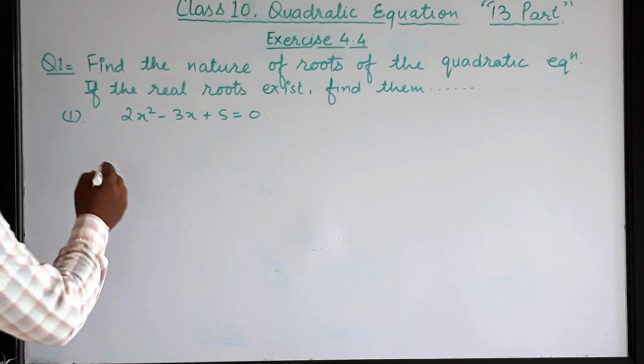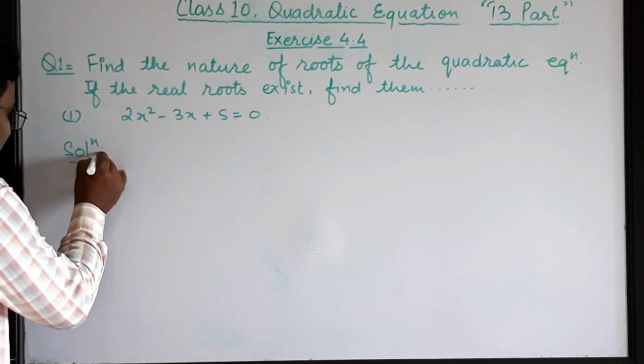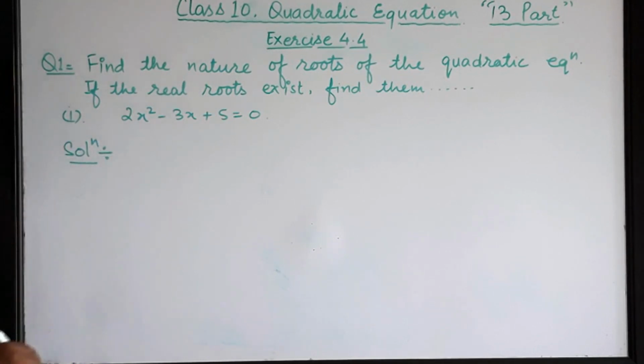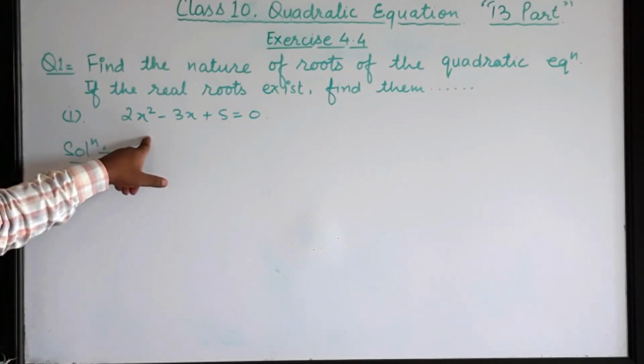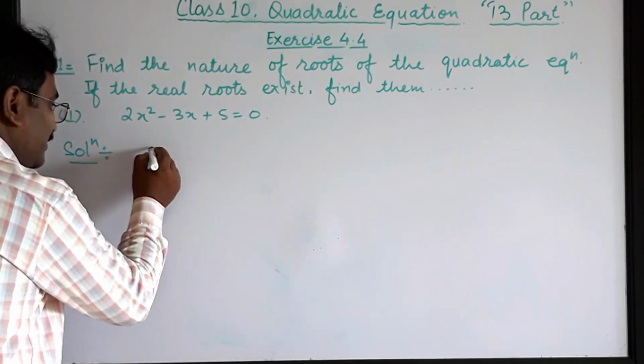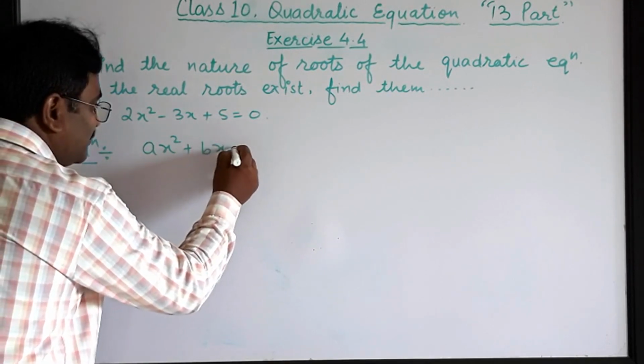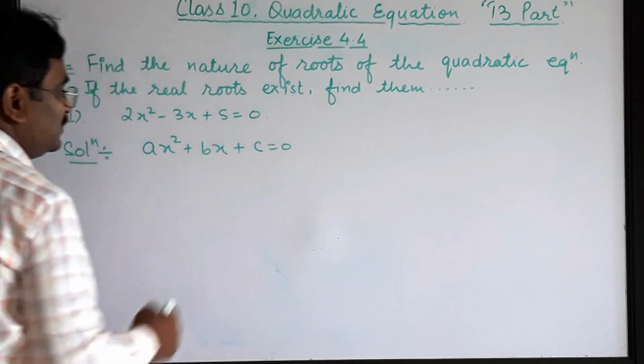So first of all, in order to solve this equation, we have to compare it with the standard form of a quadratic equation. The standard form is ax square plus bx plus c equals to 0.